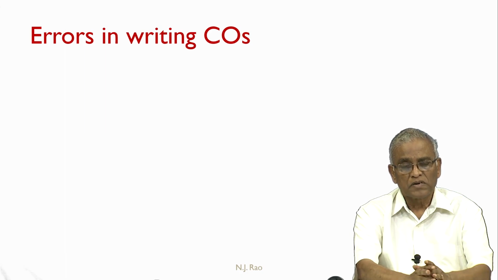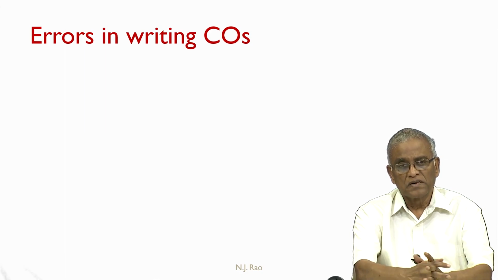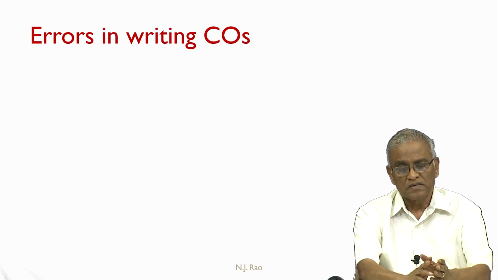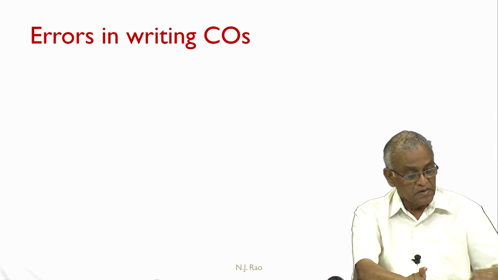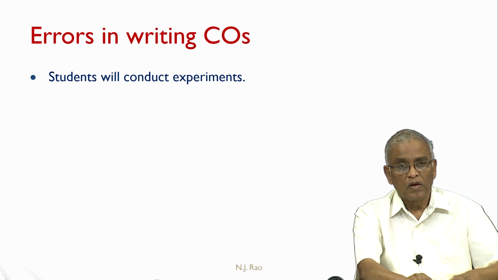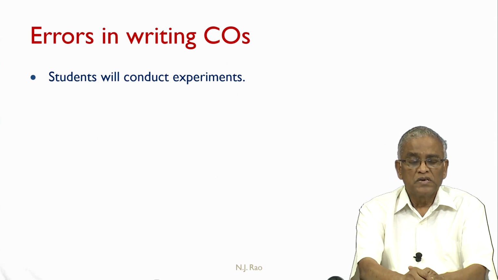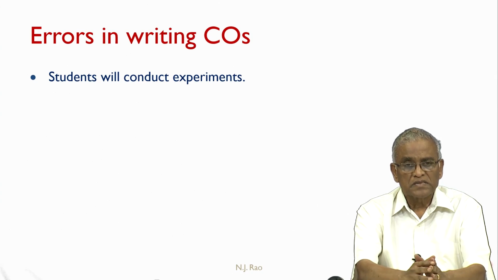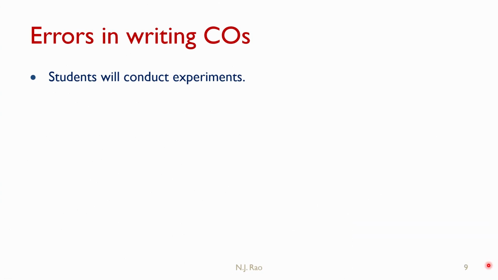So we will have about 10 CO statements for you to consider, wherein either some do's and don'ts are not properly followed, or it does not satisfy the items in the checklist. So let us start with one statement. Students will conduct experiments. Now we will give you a 30 second gap to think of the error in this.